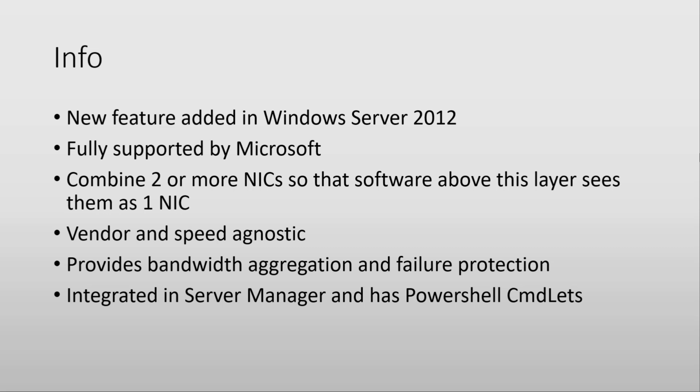That means that you could theoretically team an Intel card of 1 gigabit and maybe, I don't know, another Intel card of 10 gigabit or another brand of 10 gigabit or 1 gigabit and whatever you want. Although it would be advisable that you stick to the same speed and the same model.